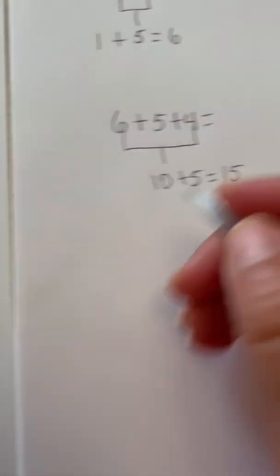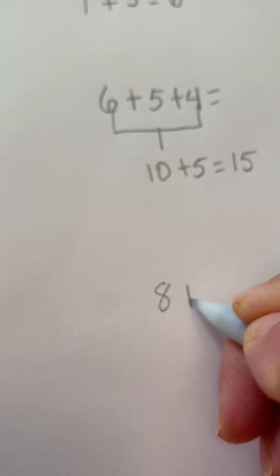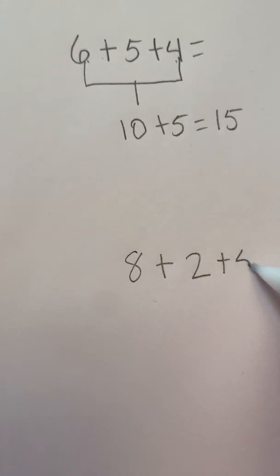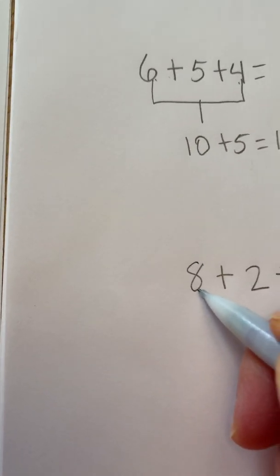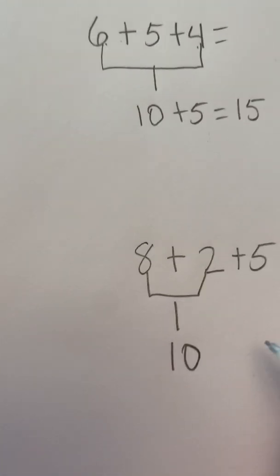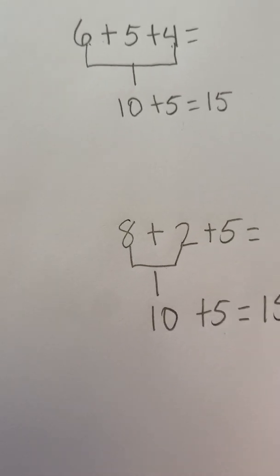So I'm going to add, here we go. I'm going to write down the 8 plus 2 plus 5, all right? So this is really simple. I have the 8 and the 2 here. They are going to equal 10. 10 plus 5 will equal 15.